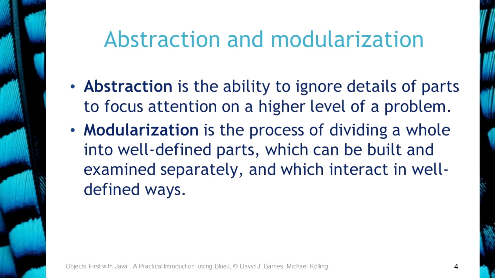They view that module as a single component that is then used to build more complex components. Therefore, modularization and abstraction complement each other. Modularization is the process of dividing larger things, otherwise known as problems, into smaller parts, whilst abstraction is the process of ignoring the details to focus on the bigger picture.